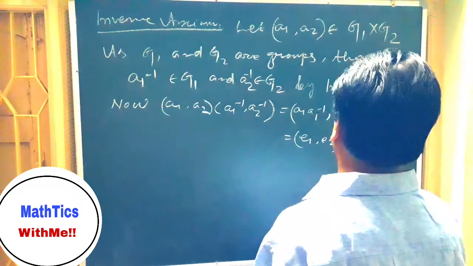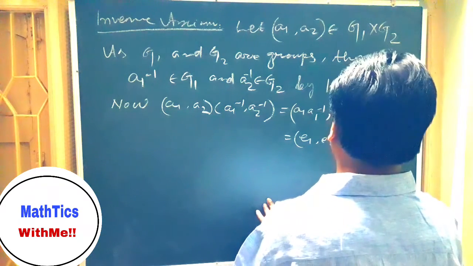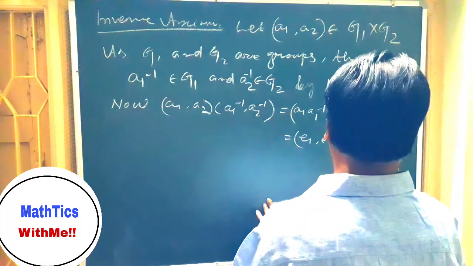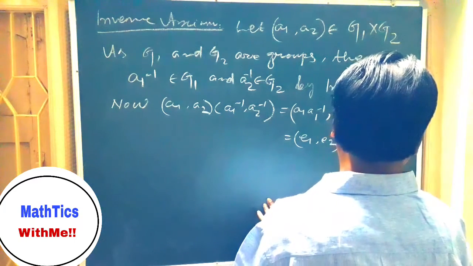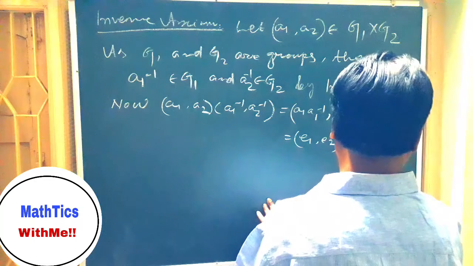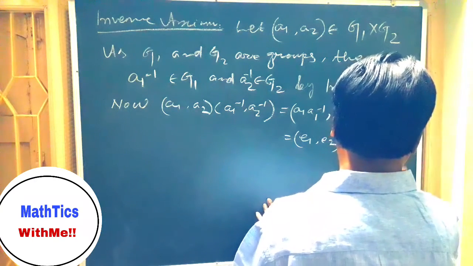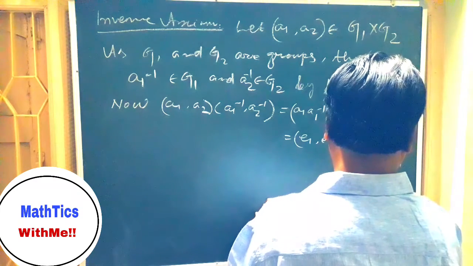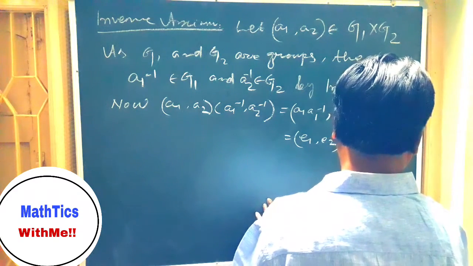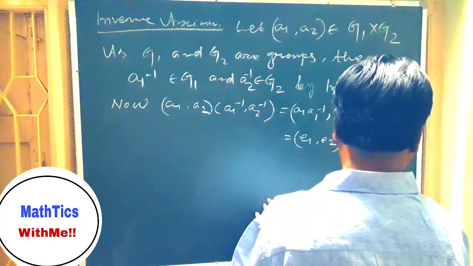Since a1 inverse a1 is equal to e1 belongs to G1, similarly a2 inverse a2 is equal to e2 belongs to G2.